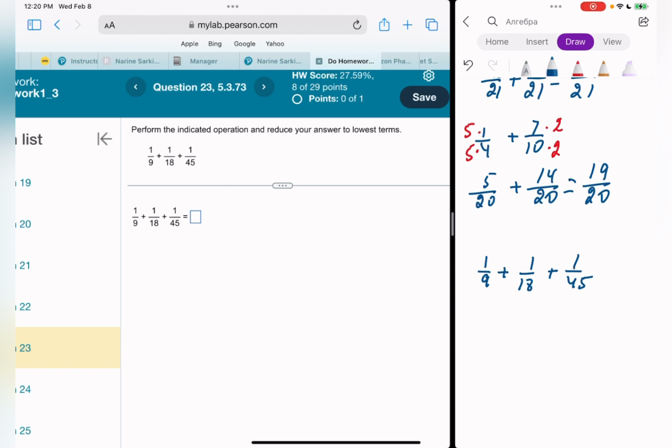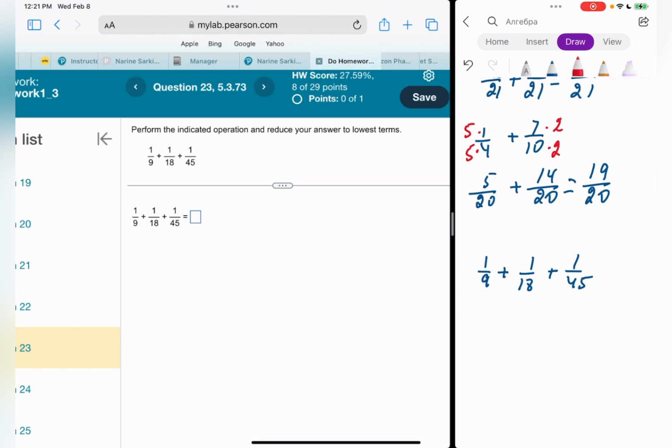So now take 18 and 45. 45 is not divisible by 18. So I'm taking the biggest number, 45, going times 2 and seeing if I can divide by 18. If not, go next, 45 times 3. Or you go by the method of the GCD LCM video I showed you. Okay, 45 times 2 is 90, divided by 18, it's going to work, 5.